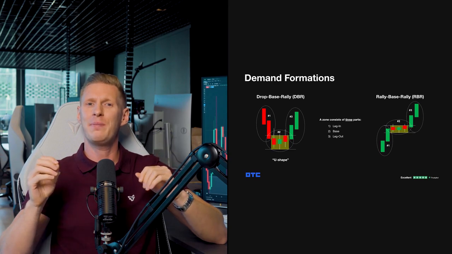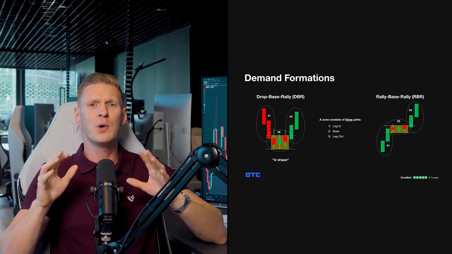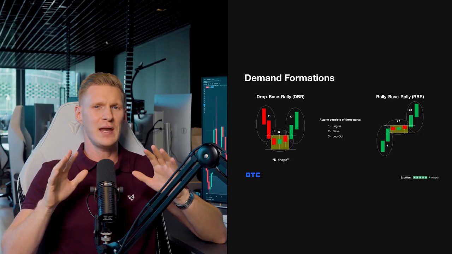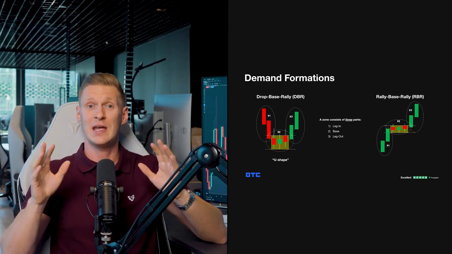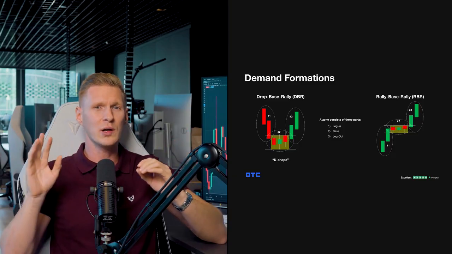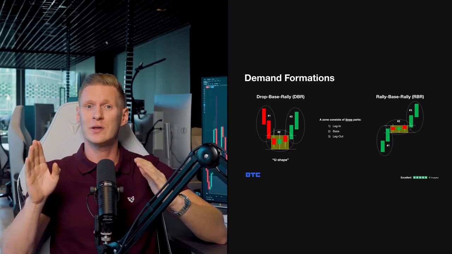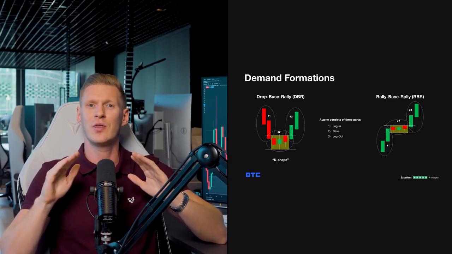Meanwhile, the base should feature indecisive candles, reflecting a moment of balance between buyers and sellers. As for the leg in, it typically has decisive candles, though it may include 1 or 2 explosive candles to show a clear, controlled entry into the zone before price settles into the base.